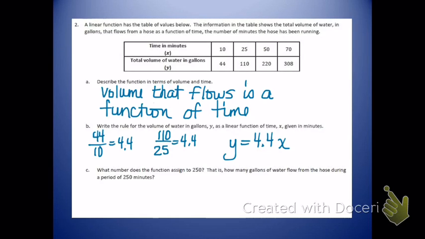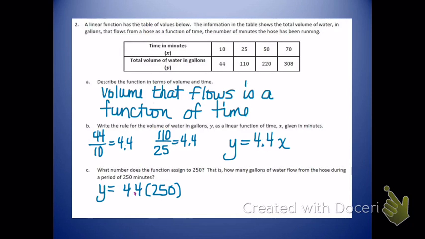That is the linear equation that will be the rule that defines this function. Okay, so what number does this function assign to 250? In other words, 250 is my input. What is it going to give me for an output? So all I need to do is put that into the equation, not forgetting there's a decimal point there.